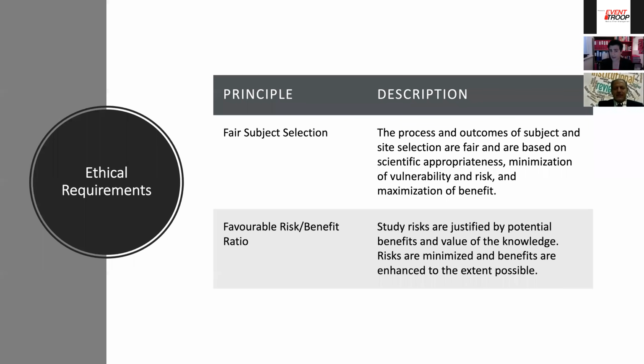They will look at the risk-benefit ratio. So this is now looking at beneficence and non-maleficence coming in. They will see what the benefits are, so they will really need to know what the benefits are. How will the subjects benefit from the research? Not just the subjects, but the future patient population. How will they benefit from this?